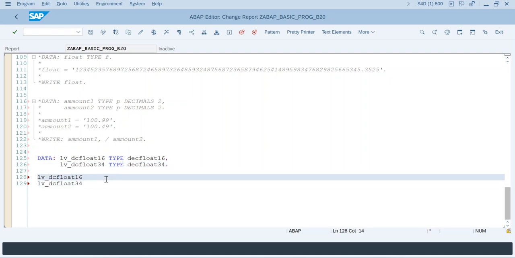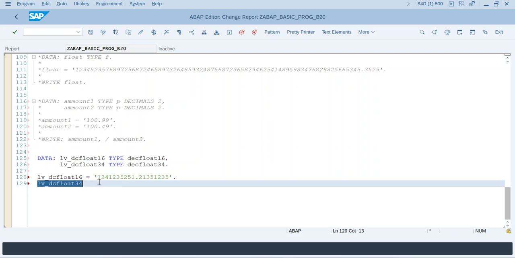Now I'll try to store some numbers, the same number in both of them.